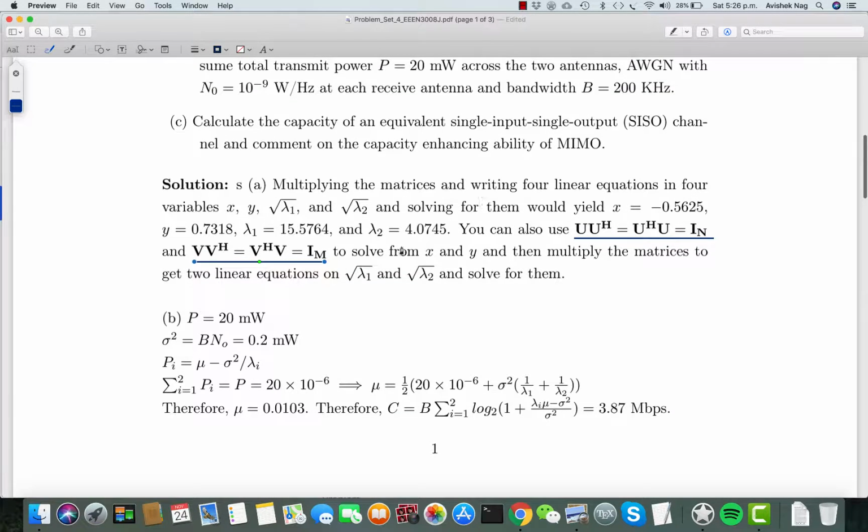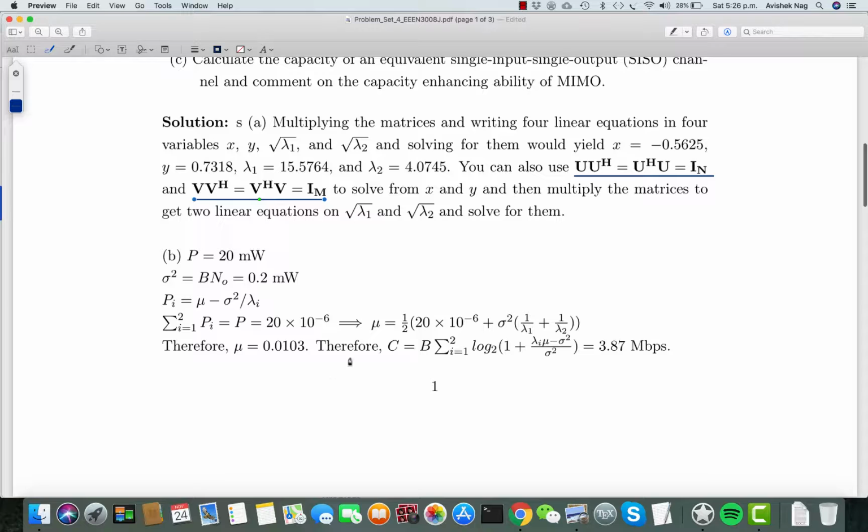Once you calculate all these values, you can use the equations of the channel capacity using the water filling algorithm, because in this case your transmitter and receiver both know the channel state information. So you can use this formula to calculate the capacity. The power allocations on each of the equivalent channels will be based on this water filling algorithm.